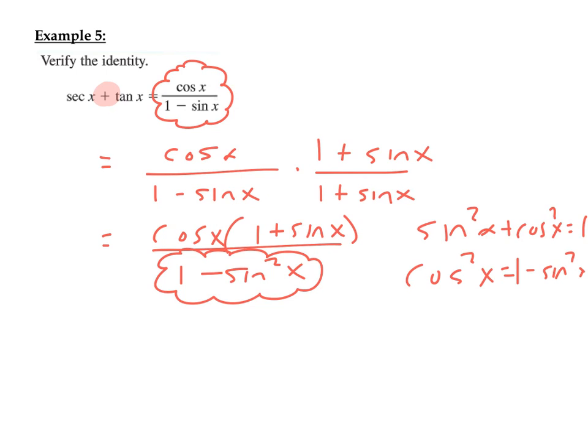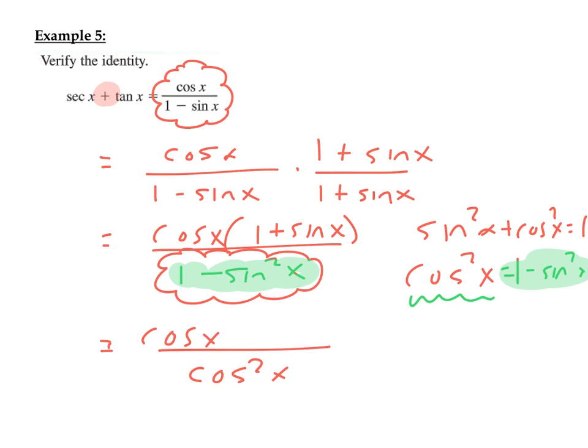And what that means is anywhere I see this, I can replace it with this. So let's go ahead and do that. My next move is going to be cosine squared x on the bottom. And then I'm going to rewrite my numerator, cosine x over 1 plus sine x.